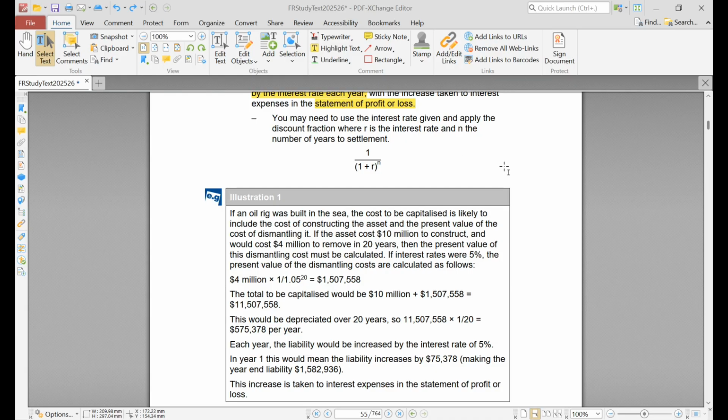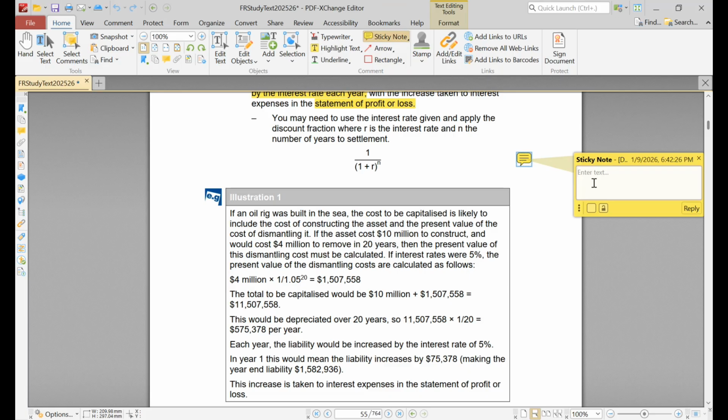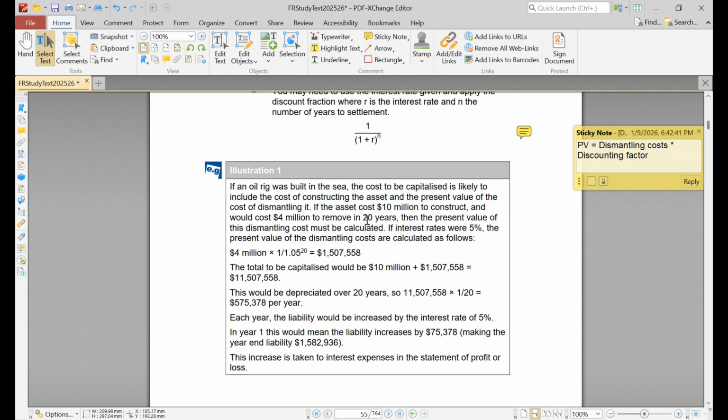The discounting factor that is used to calculate the present value has this formula: 1 upon (1 plus R) to the power of N. So the formula of present value is: dismantling costs multiplied by discounting factor.